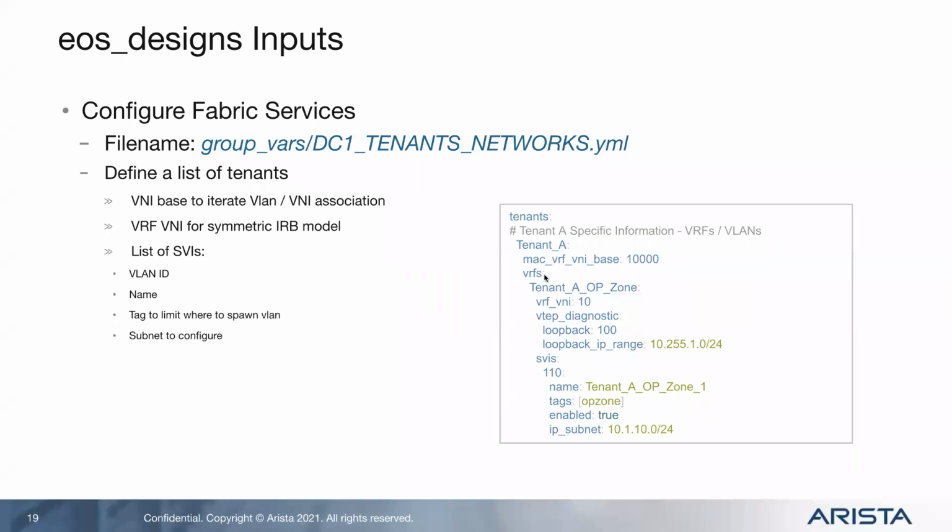We'll specify here our base VNI per tenant, and then for our given VRFs within that tenant, we'll also map out those VRF VNI numbers and other tags or details about that. You'll see more of that in the repository we put in chat as an example, and you'll also be doing this part of your lab today.